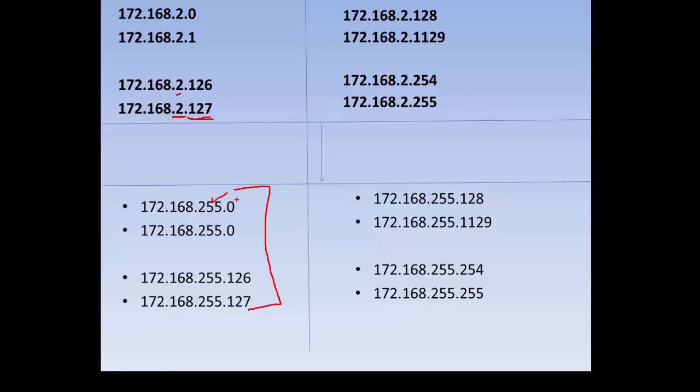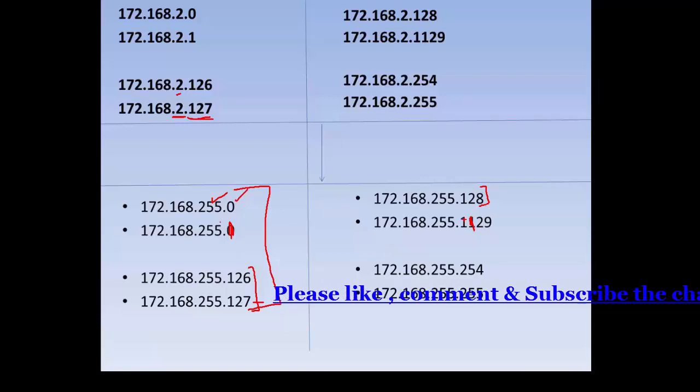So it becomes 255.0. So it will be 255.1, going up to 126, 127 is the broadcast. So 128 is the network ID. I'm making a lot of mistakes. Sorry, so 129.